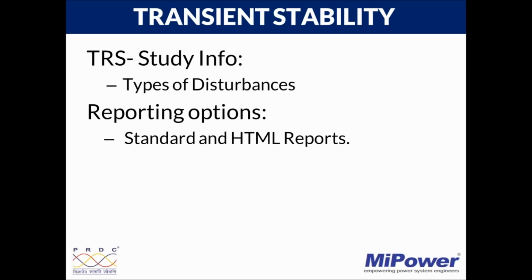The disturbances include change in transformer parameters, change in transmission line parameters, change in load data, three-phase to ground fault, single line to ground fault, line-to-line fault, double line to ground fault, change in number of generator sets, total generator outage, loss of excitation, change in load model, motor starting or motor stopping, change in AVR voltage reference, change in real power reference, change in speed reference, etc. The different reporting options in transient stability are the standard report and HTML report.